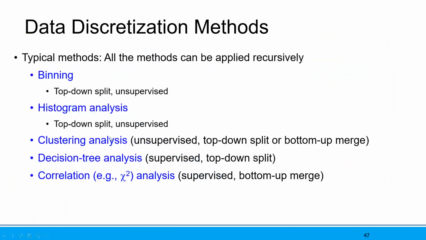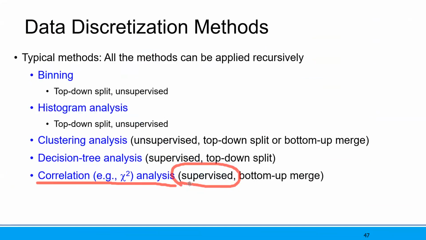Clustering analysis, it is unsupervised, top-down split or bottom-up merge. And we will learn the clustering analysis and decision tree analysis later on. We already learned the correlation or chi-square analysis. So please check your materials. I think in the materials I put unsupervised.